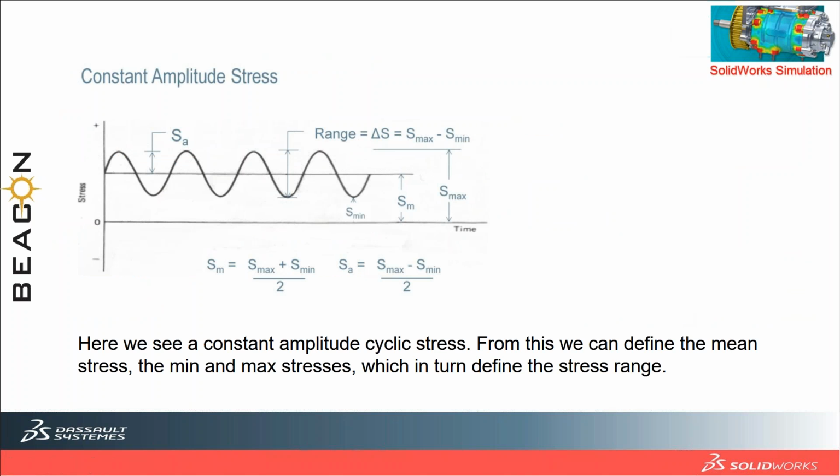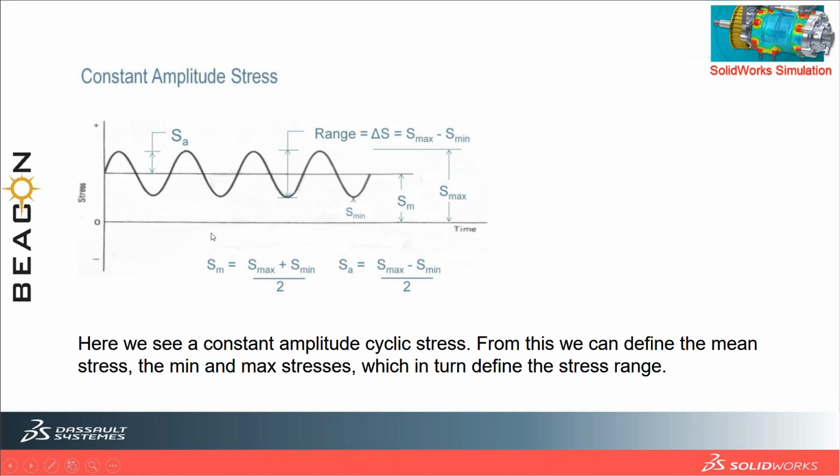In the case of constant amplitude, we can define the various stresses. Here we see a constant amplitude cyclic stress. For this, we can define a mean stress, the minimum and maximum stresses, which in turn define the stress range.